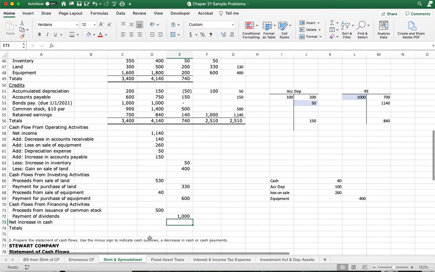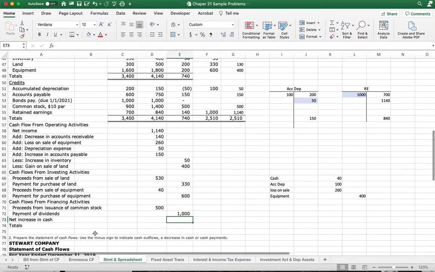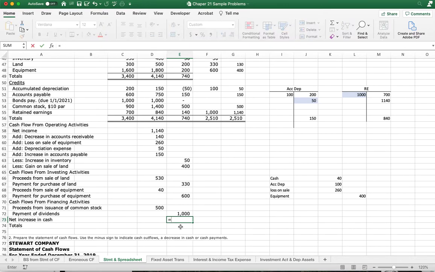And so then we can determine the net increase in cash. All of our debits minus some of our credits. And we get a net increase in cash of $430.